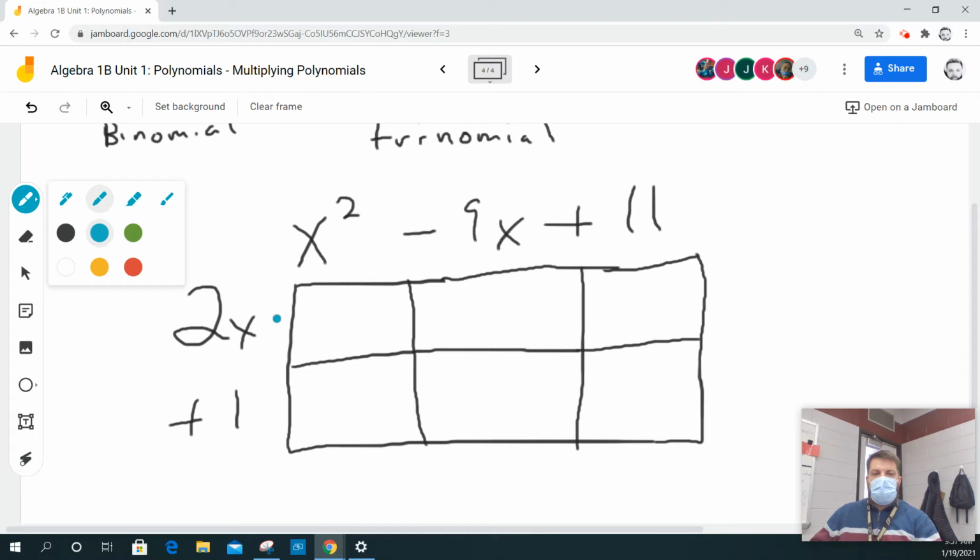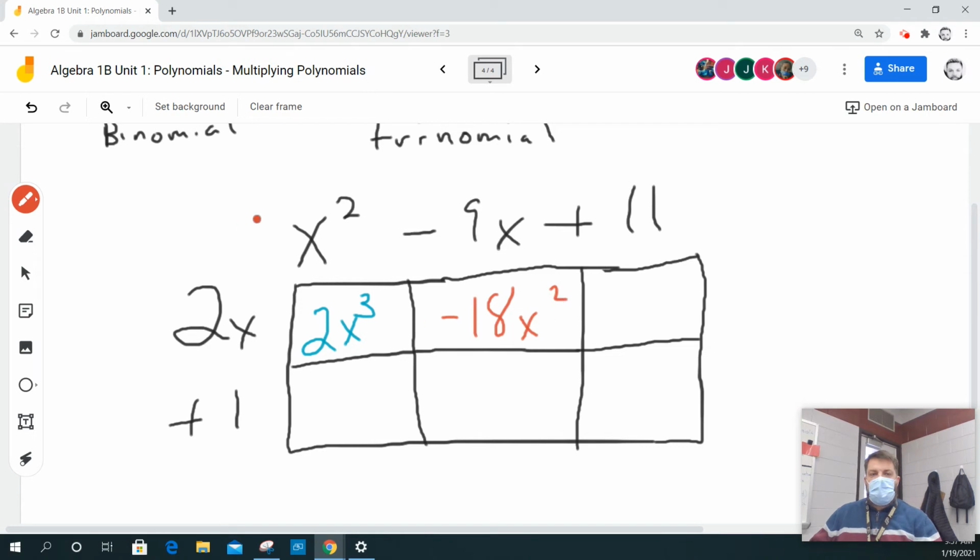Row by column, x squared times 2x is 2x cubed. Negative 9x times 2x is negative 18. What's x times x? X squared, right? And then I'm going to multiply x squared by 1, which is just x squared.